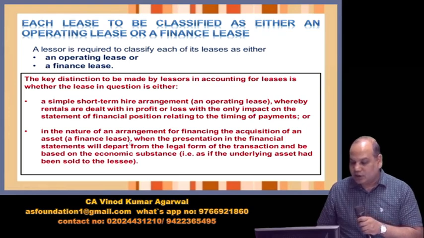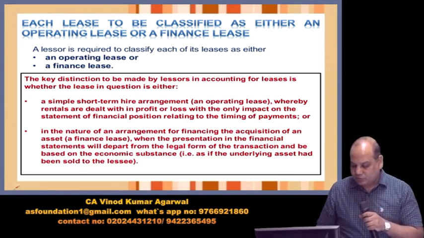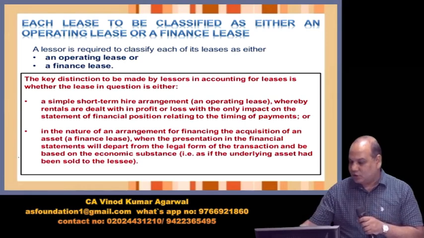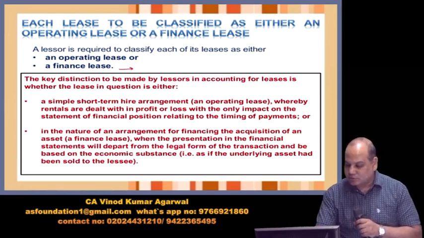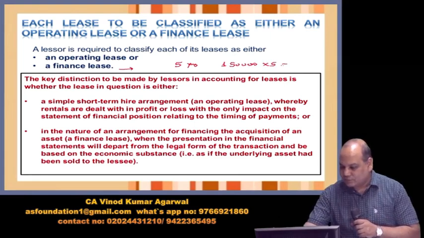Okay. The second type of lease, that is finance lease, is more like a financing arrangement. Although you call it a lease, it is not really a lease. It is more like a financing arrangement. Now suppose you give a car on lease under this for 5 years and you charge 1,50,000 into 5 rent, 7,50,000.